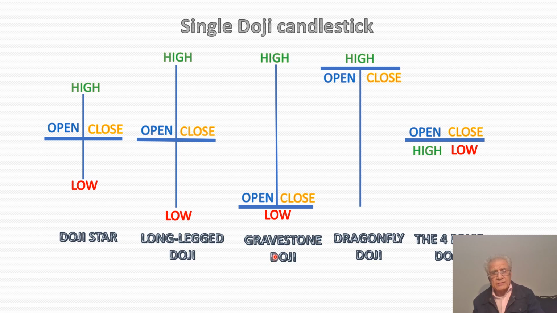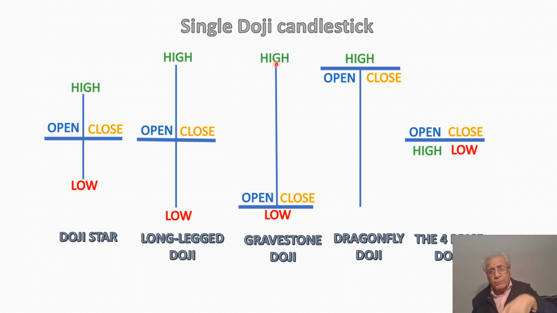Gravestone Doji: the open, close, and low price are at the same place. The price opens here and goes up all the way because of the buyers' bullish pressure, and it comes all the way here. And again, it got rejected by the seller power.